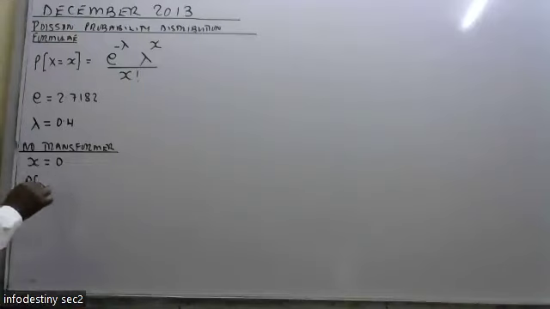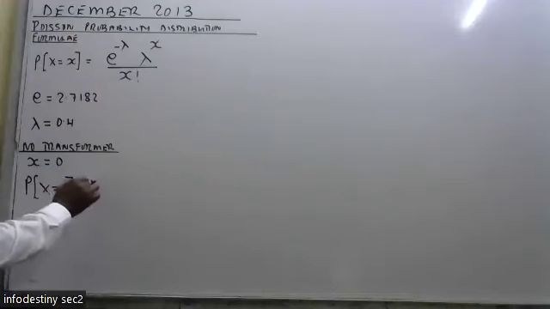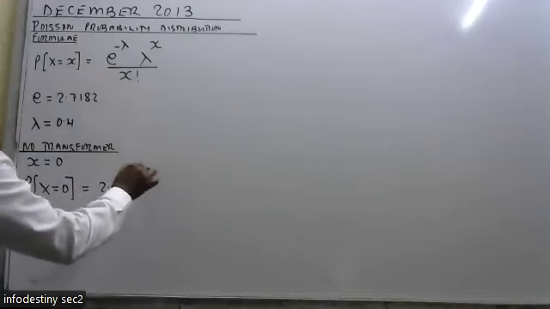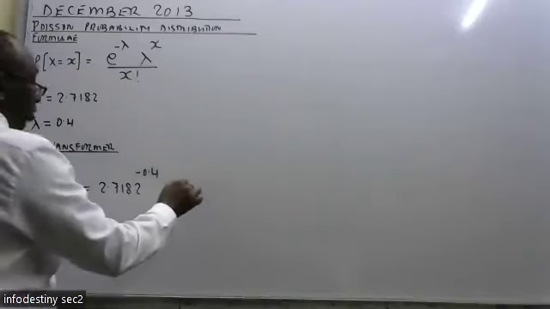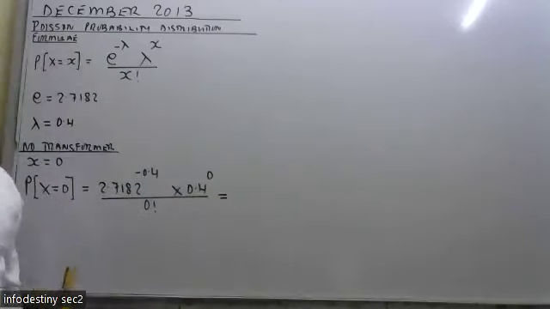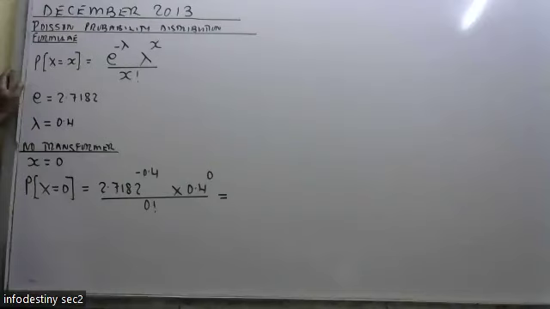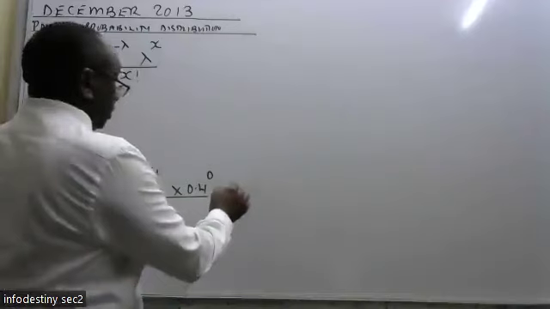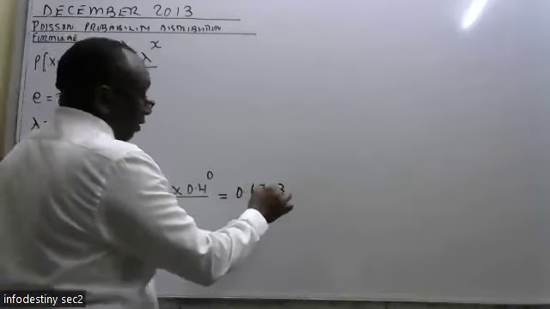So the probability that X capital is equal to 0 is going to be 2.7182 raised power minus 0.4 times 0.4 raised power 0, you divide by 0 factorial. Zero points 6703.